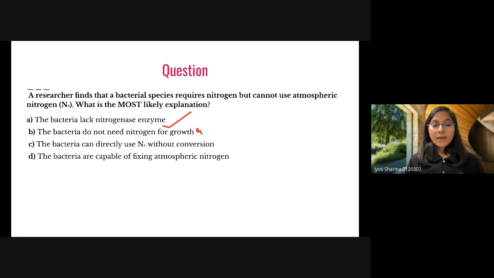What they have to do is take it from somewhere else, but they can't directly use this N2. So this is not the right statement. And bacteria are capable of fixing atmospheric nitrogen. For this nitrogen fixation, they need the enzyme, and if they do not have the enzyme, they can't use this atmospheric nitrogen. So this is again the wrong statement. The right statement is only A. Yes, this is A.